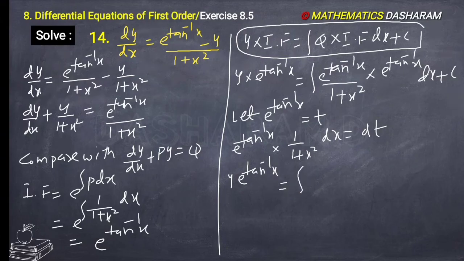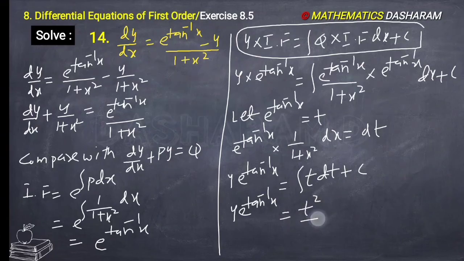So see here, e to the power of tan inverse x is t and e to the power of tan inverse x by 1 plus x square dx is dt plus c. So y into e to the power of tan inverse x equals t square by 2 plus c.